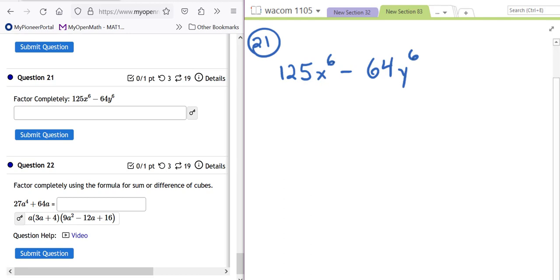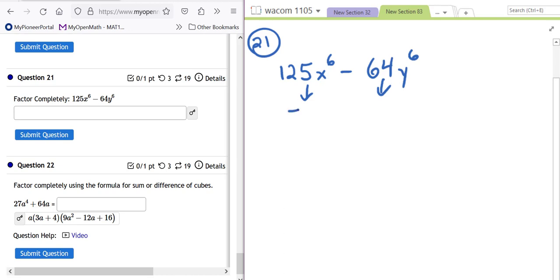We are looking at sixes here. So we want to see, I think this one will be cubes instead of squares because of the 125. All right, so I'm going to see if I can do something and then cube it to get 6. All right, so I'm trying to find a cube root, guessing here.